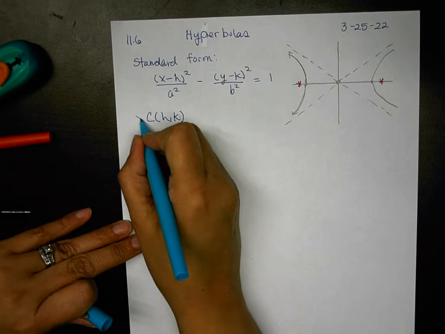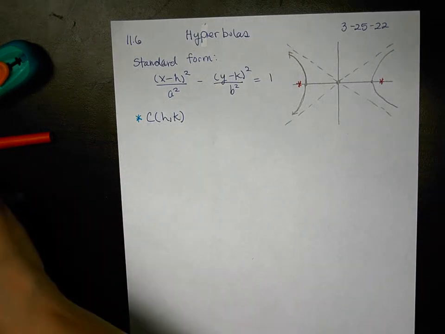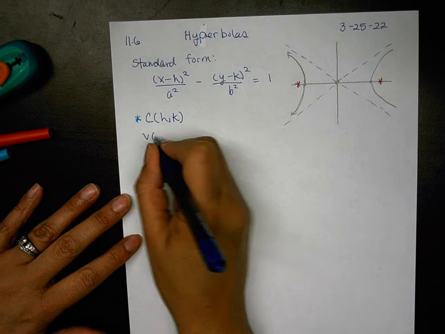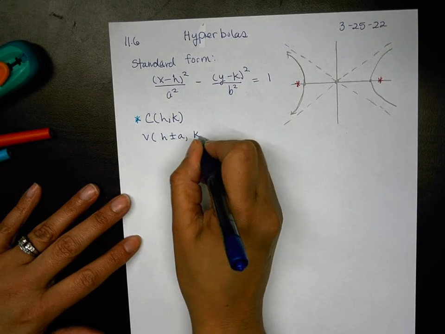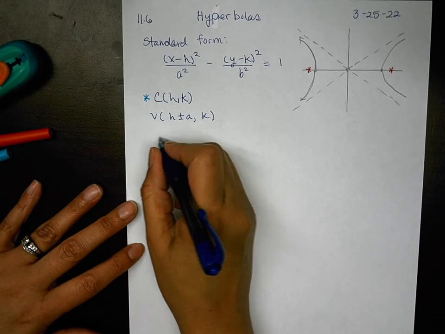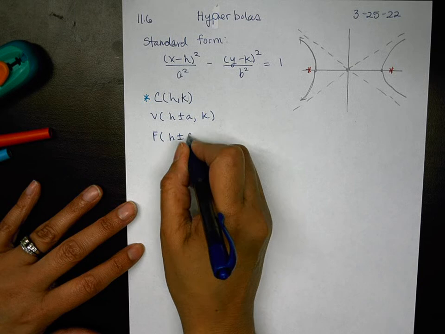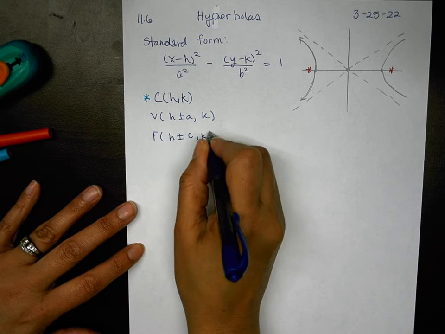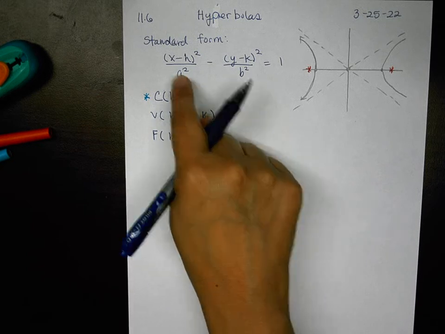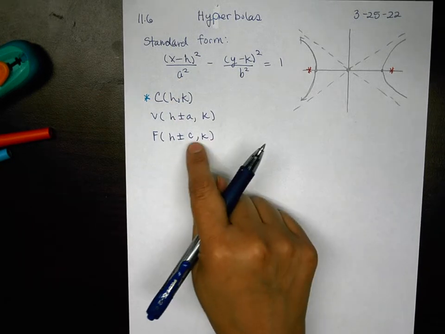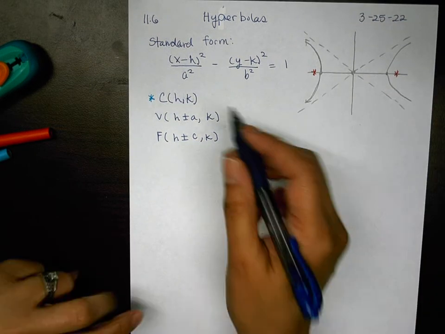So I'm going to put a star by that one. The vertices are h plus or minus a comma k. Foci are h plus or minus c comma k. The h and k are coming from the center. The a is coming from the square root of a squared. The c is coming from the focal length formula, which I haven't given you yet.